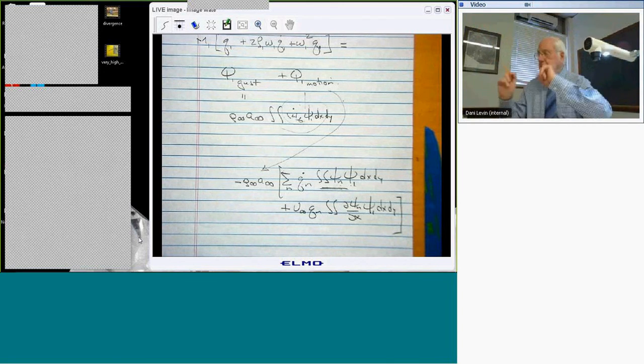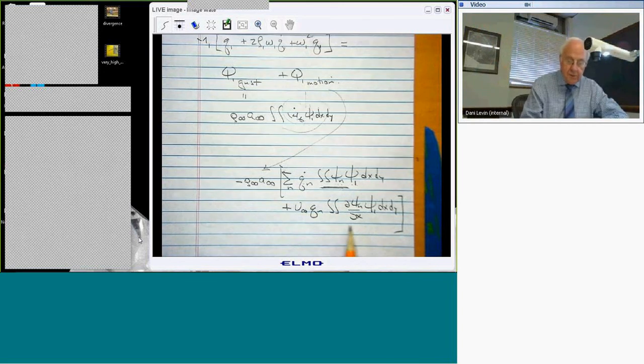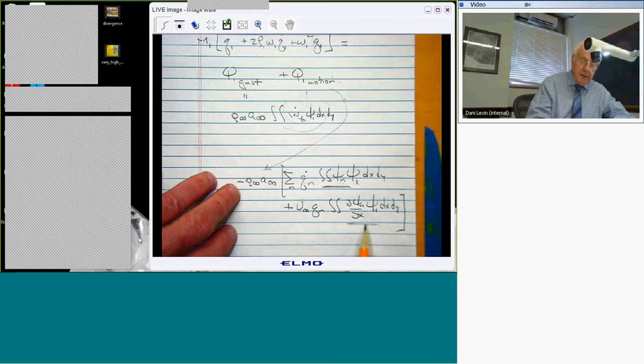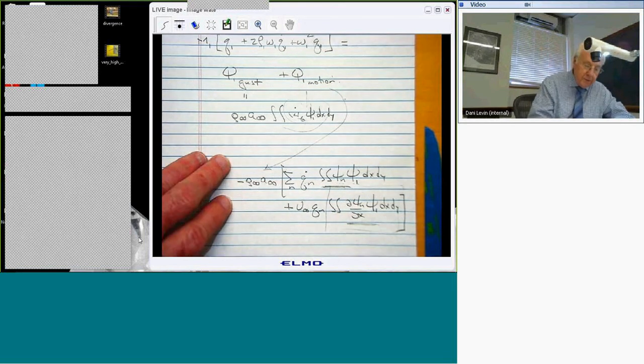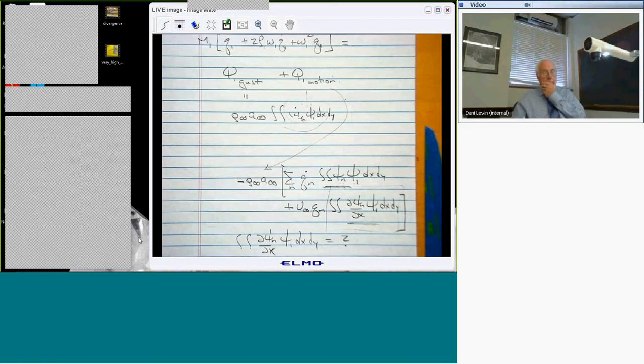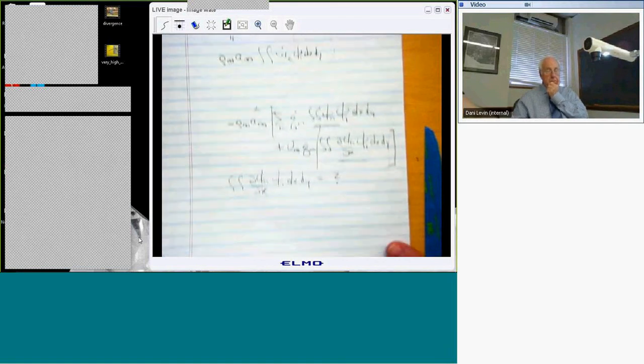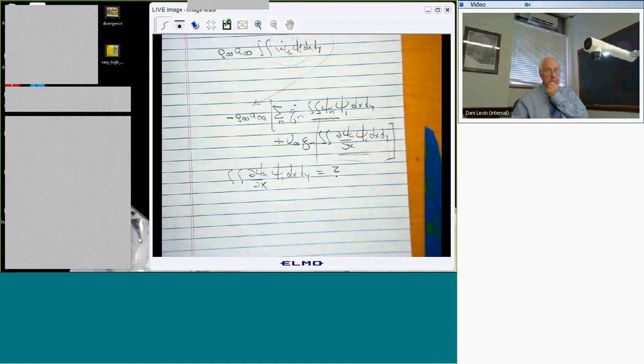And then finally, this term is kind of interesting. Well, let's look at this term for just a moment. Let's look at the special case when n equals 1.